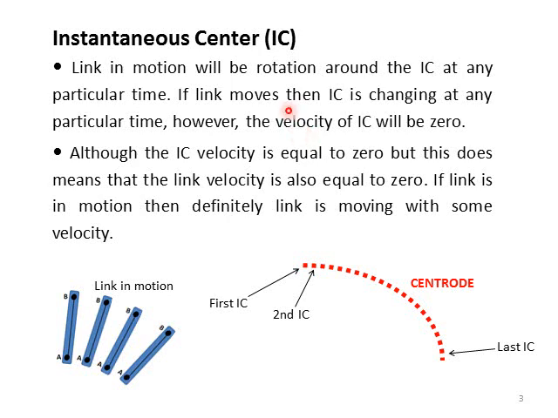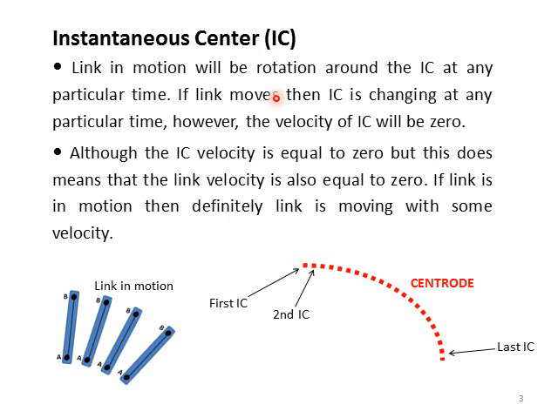I will repeat it again. Whenever the link is in motion, definitely it will have certain velocity, but at any particular time, such as time 1 second, 2 seconds, 3 seconds, 4 seconds, and so on.